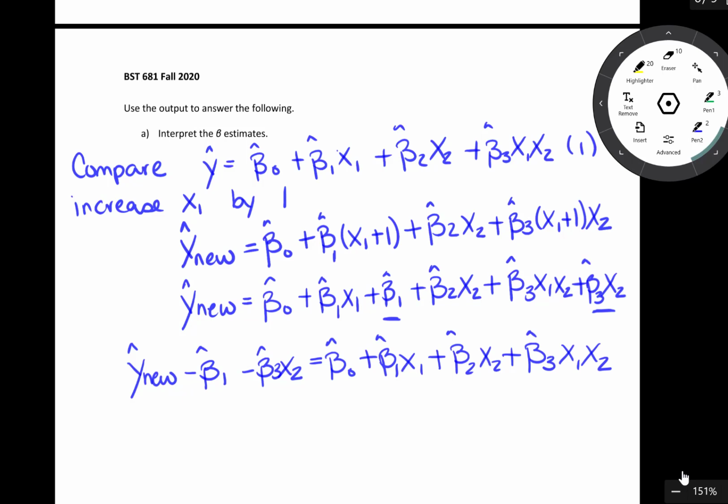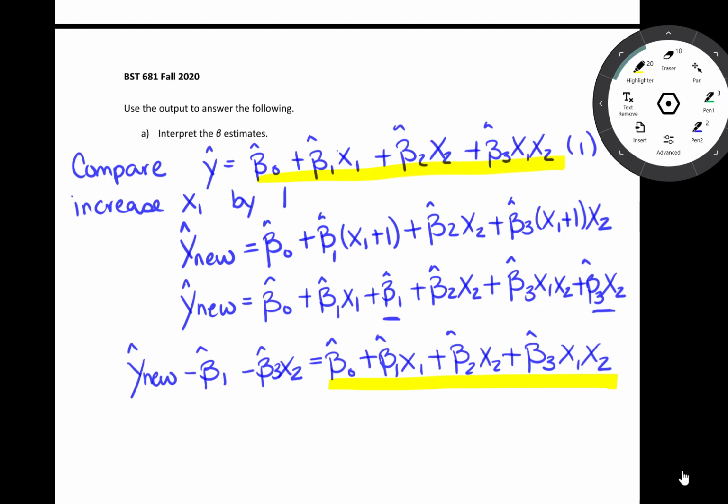Okay. And so you might be asking, why did we do that? Well, what I'd like you to do is look at the right-hand side of this equation compared to what we have up here. The right-hand sides of these equations are now the same. So this allows us to equate our left-hand side with our right-hand side here.